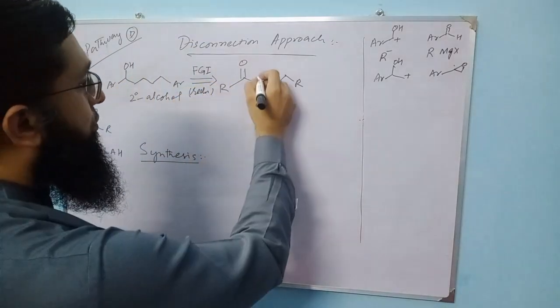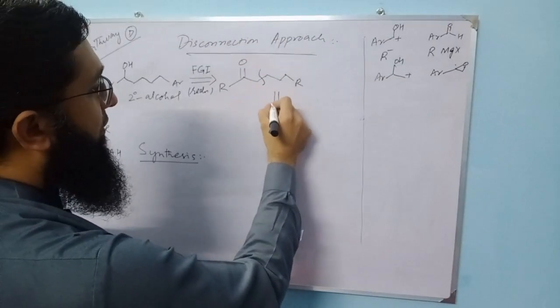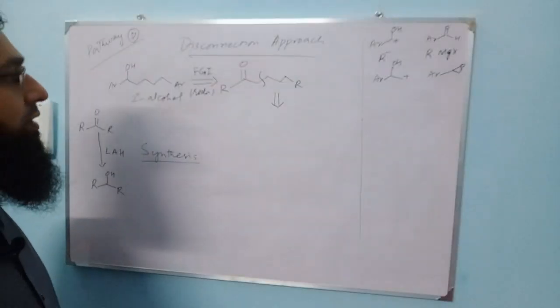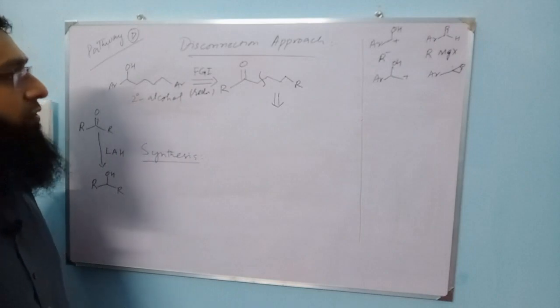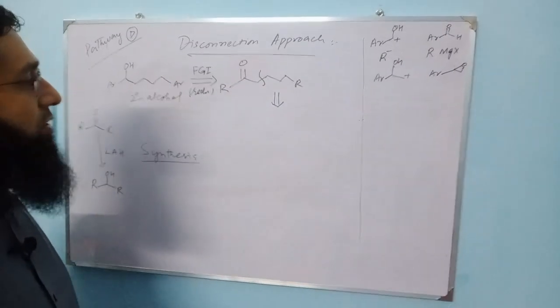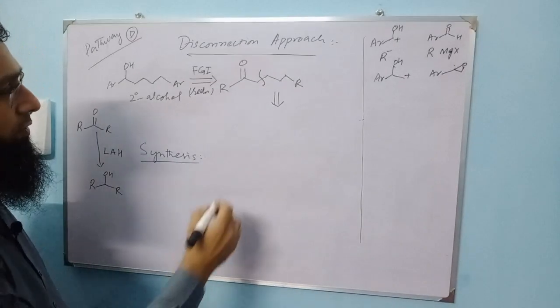And this can be done using enolate chemistry, because we know that when a carbonyl compound having alpha hydrogen is treated with a base, it converts into enolate, which is reactive for electrophiles, which reacts with electrophiles and gives C alkylation products.